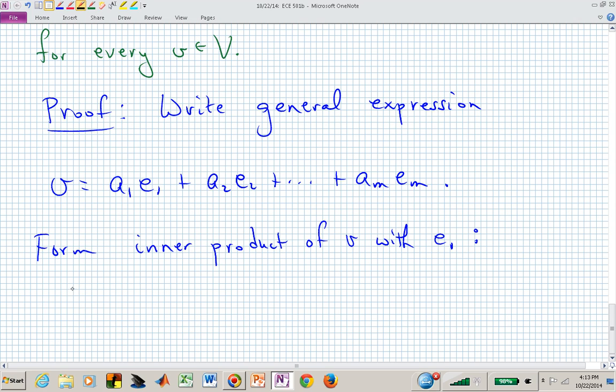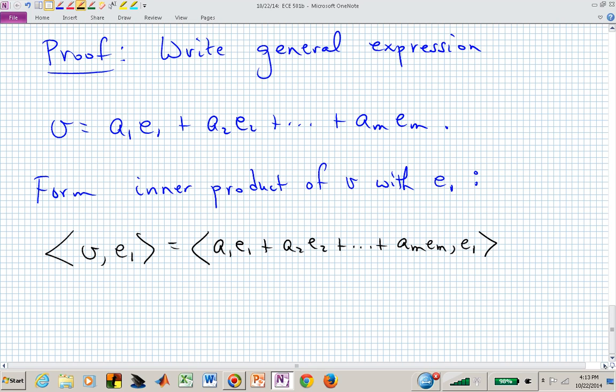If we do that, we now have the inner product of V and E1 is A1 E1 plus A sub 2 E sub 2 plus A sub m E sub m, inner product with E1. But now we can start to apply the additivity of our first slot property of inner products.